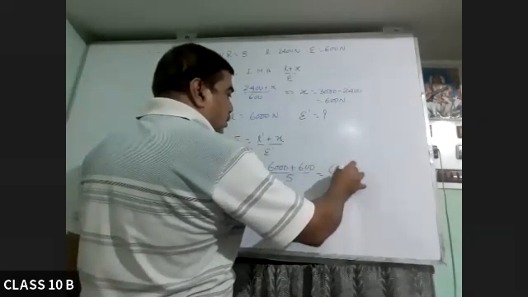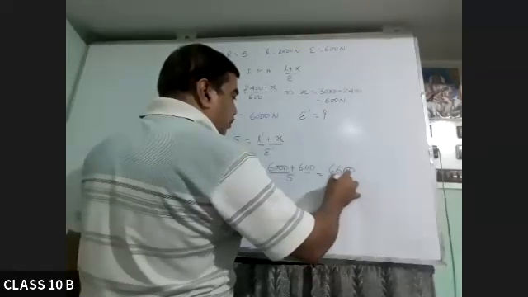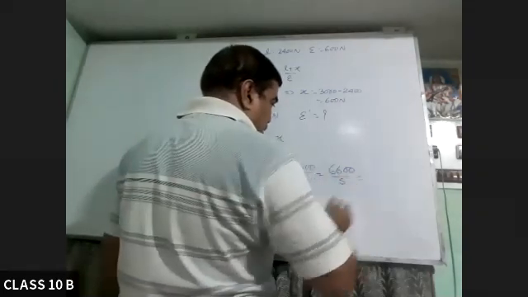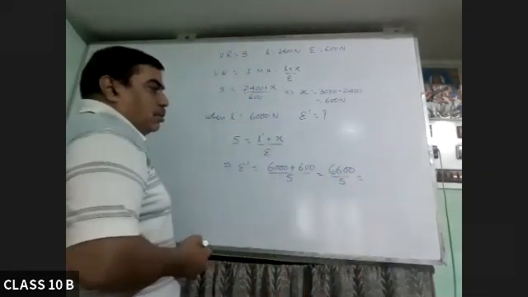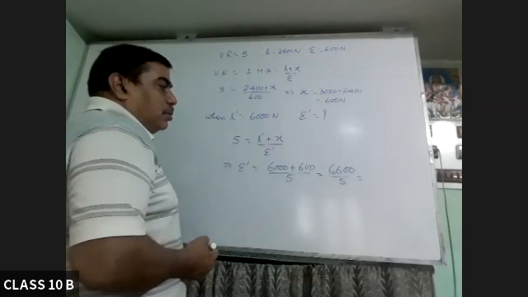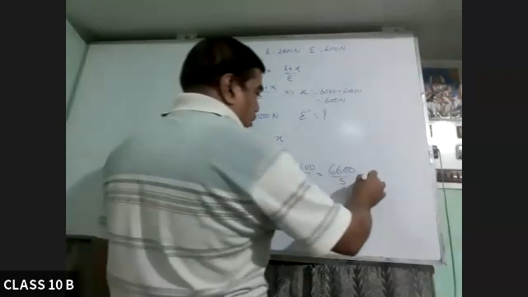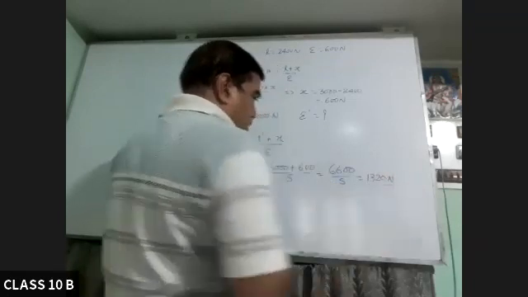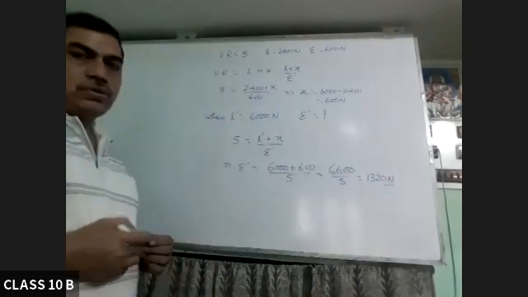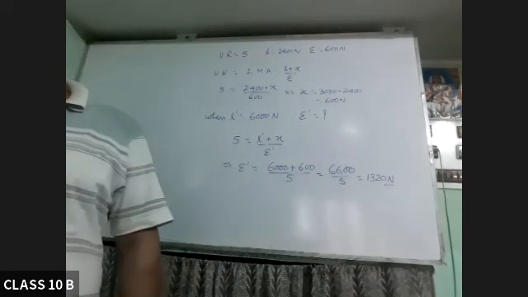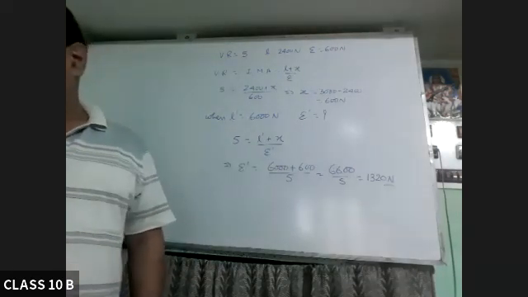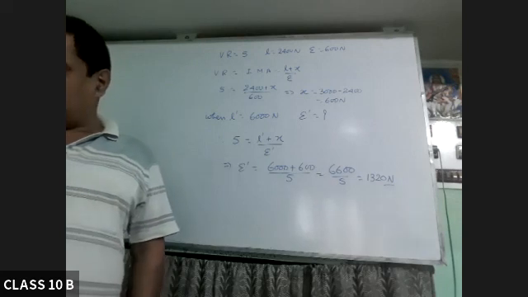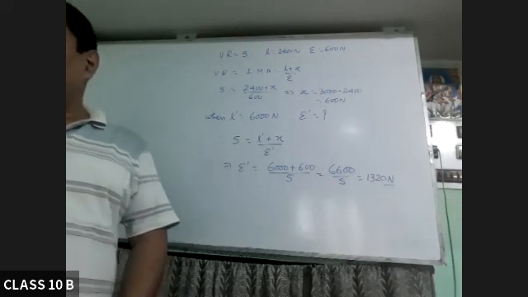So 6600 over 5, so 1320 Newton will be the new effort required. 1320, that is third option will be the correct one.